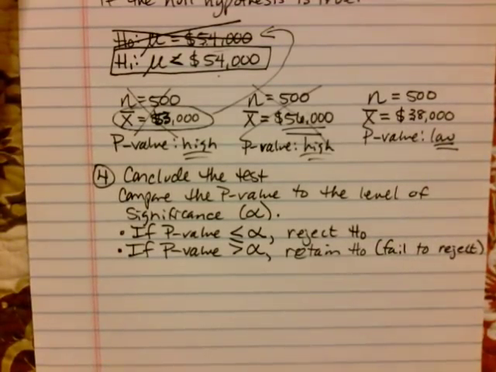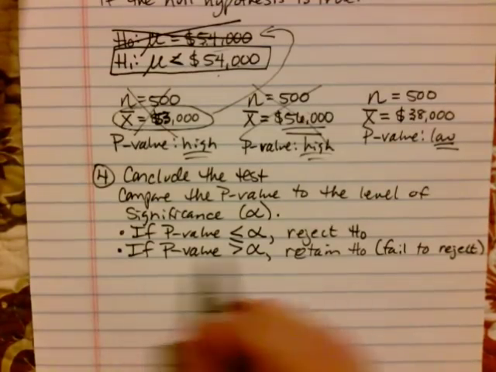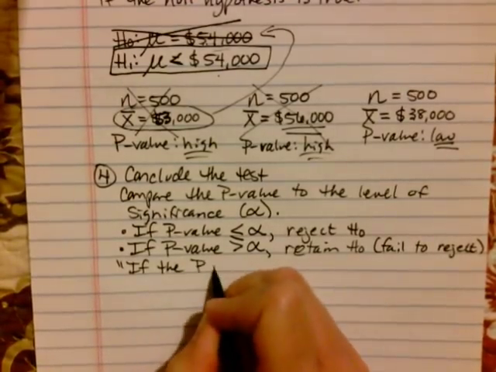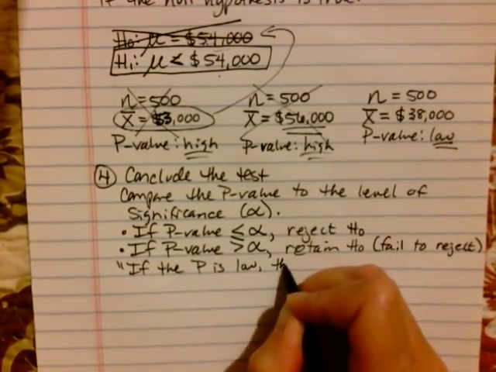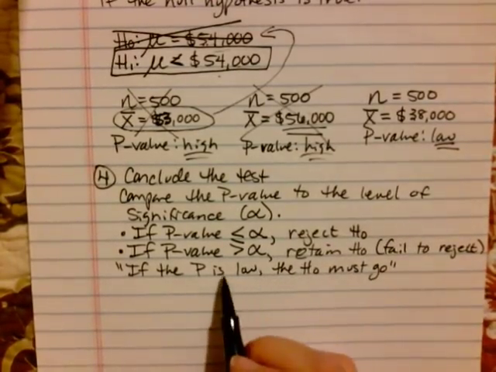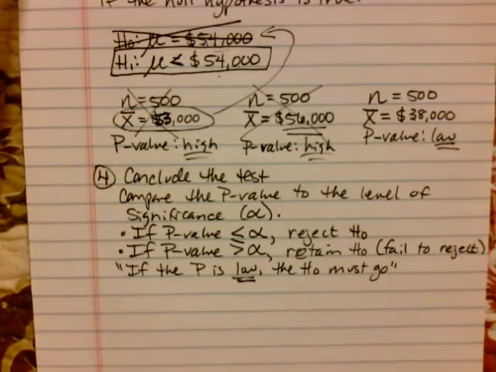Okay, so two different ways you can phrase that. And the handy mnemonic device for remembering this is: if the p is low, the H0 must go. So if your p-value is lower than your alpha level, you reject the null hypothesis.